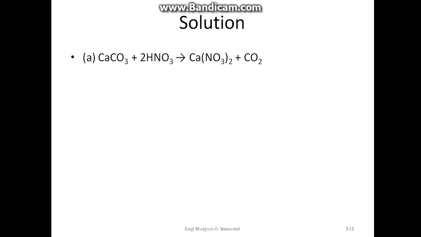which will give us calcium trioxonitrate, water and carbon(IV) oxide. To balance the equation, we have two nitrogen, and we have two hydrogen on the product side, but we don't have two on the reactant side.